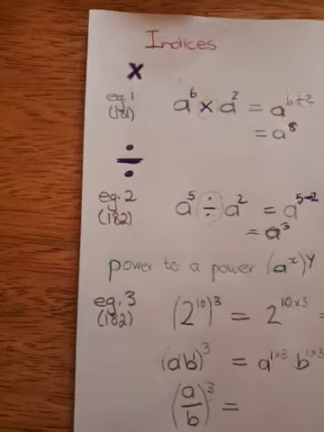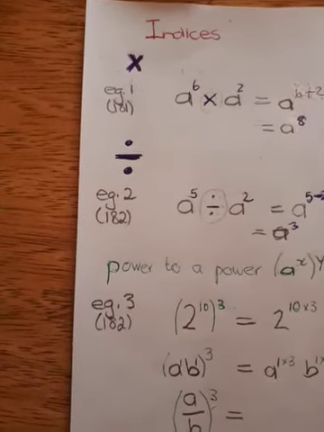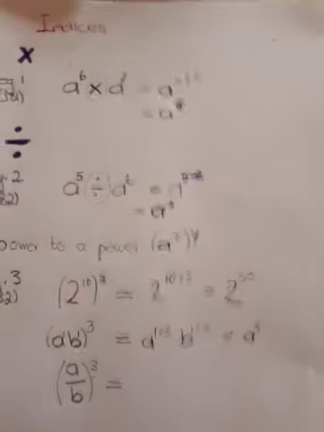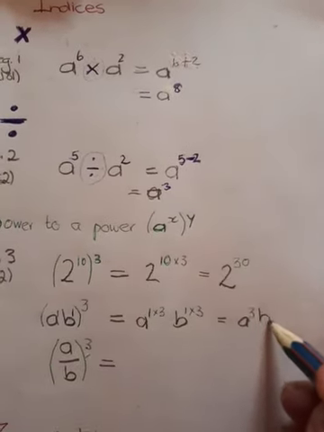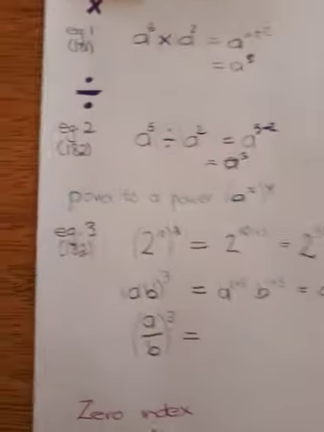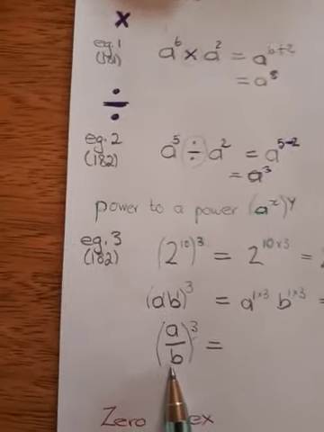And if we calculate that, we will have A to the power of 3 times B to the power of 3. Or that can even apply when we have a division.